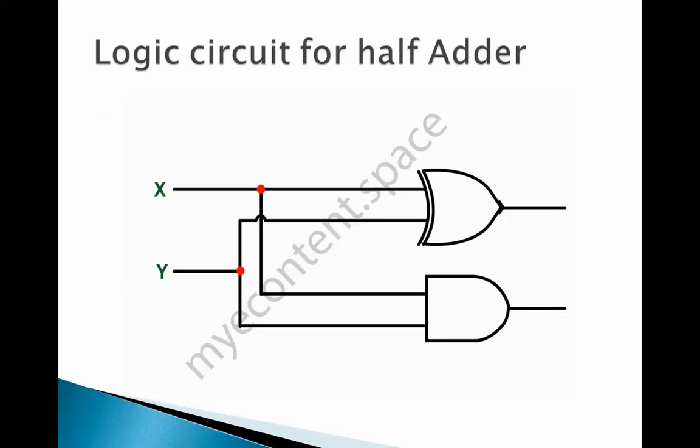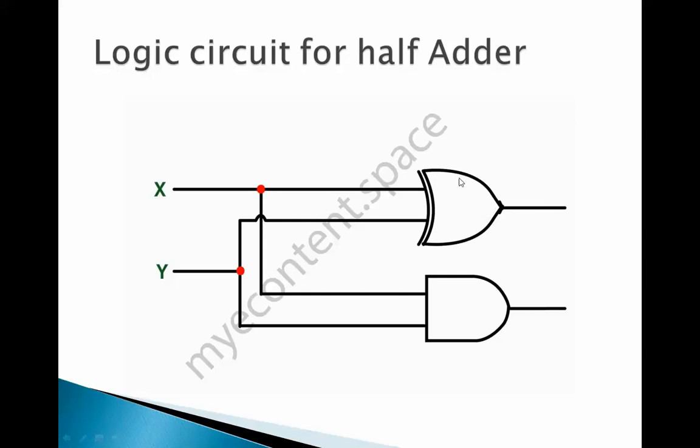So finally this will be the logical circuit, or we can say the logic diagram, for the combinational logic of a half adder. Here you can see that we are having two inputs and two outputs. This AND gate is used for the carry bit and this XOR gate is used for the sum bit.